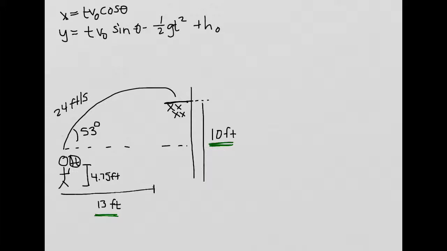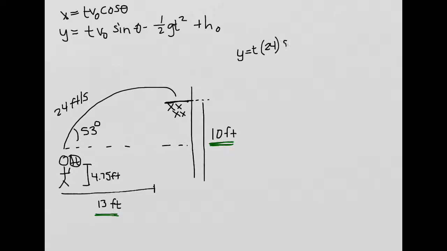All right, so using what we know, Y is equal to t times the initial velocity, which we said was 24, times sine of the angle, which is 53, minus 1/2, we're working in feet, so my gravitational constant is 32, times t squared, plus 4.75 is my initial height, because that's where she is when she releases the ball. Okay, now let's go ahead and work that out.